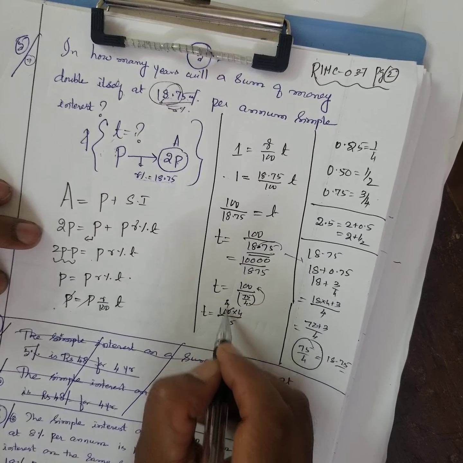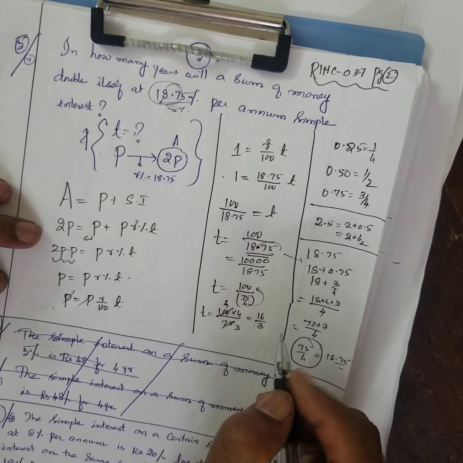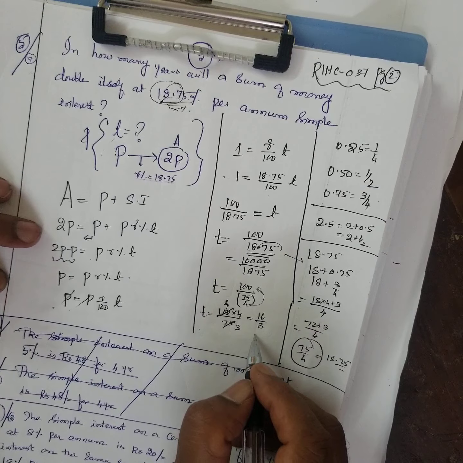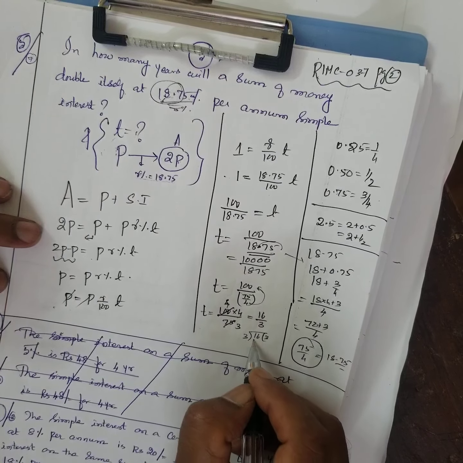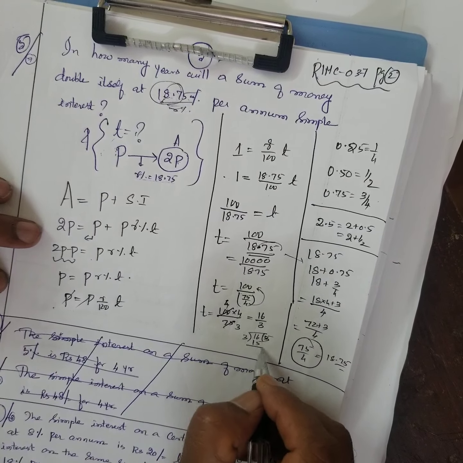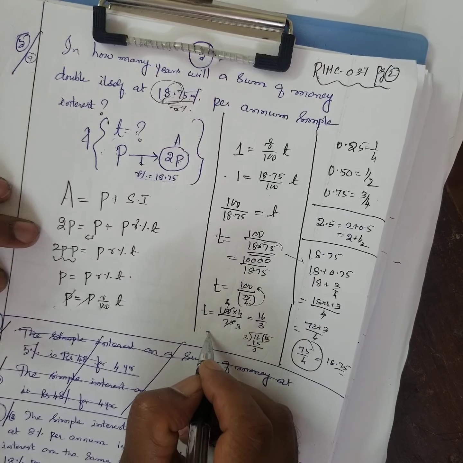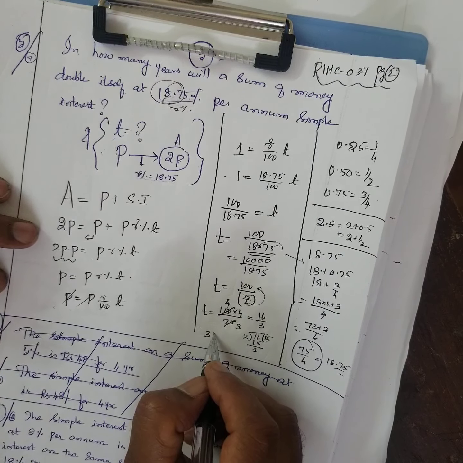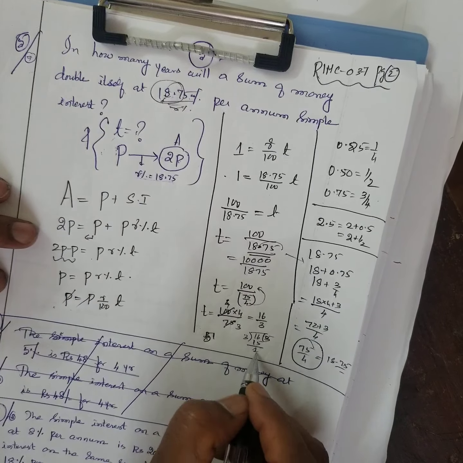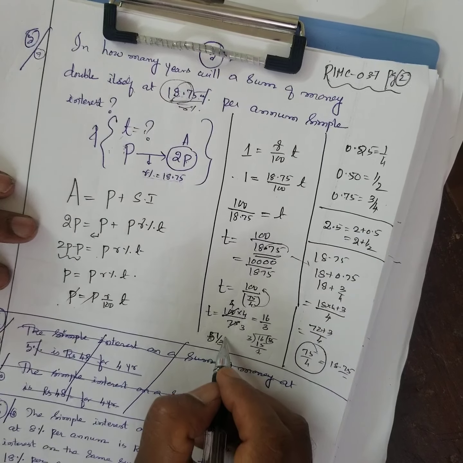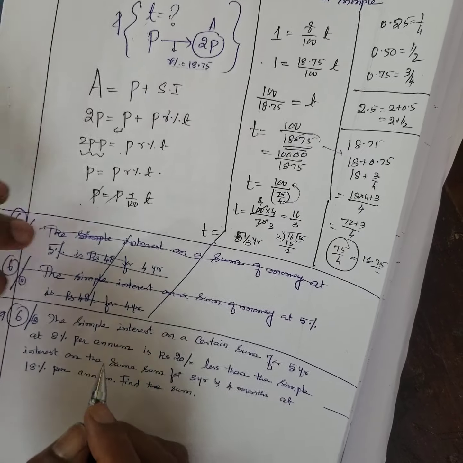This is 4 times, this is 3 times. 4 fours are 16 by 3. 16 by 3: 3 fives are 15, remainder 1. So T is equal to 5 and 1 by 3.